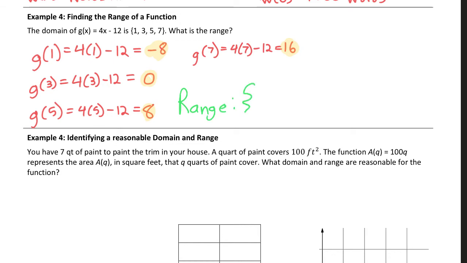We're going to use these squiggly brackets, and it's hard to draw those. Do your best, all right? But that just shows us a list. If you just write a list, that's fine too. So this is negative 8, 0, 8, 16. That is my range. So if I give you a domain, or I give you inputs, you have to substitute those inputs in to get outputs.